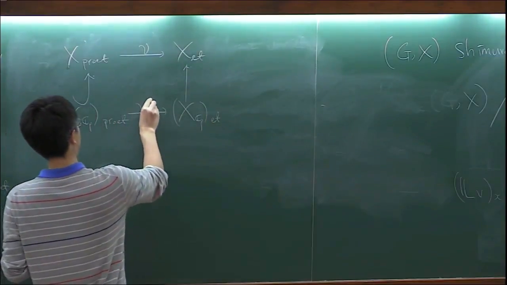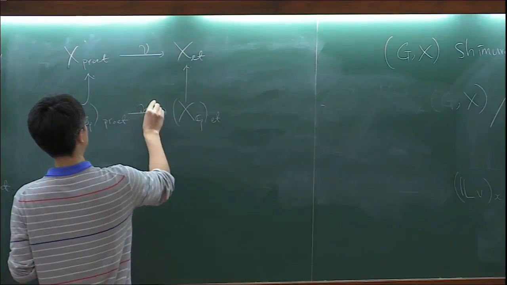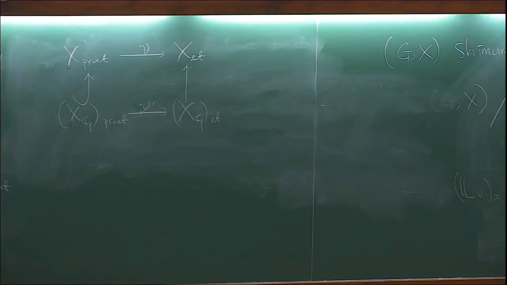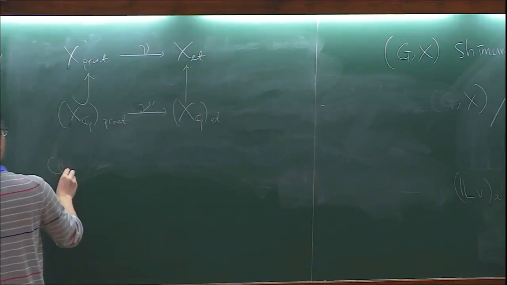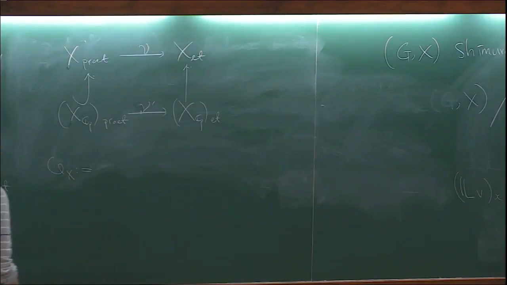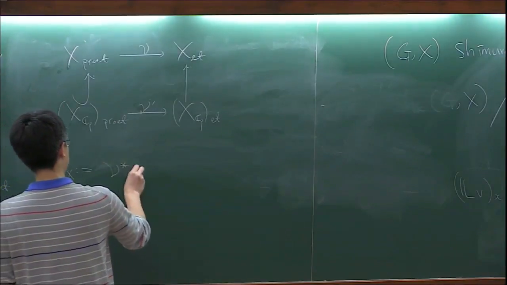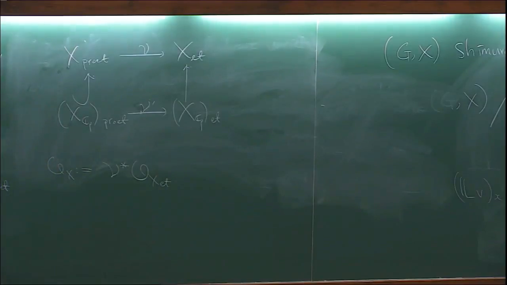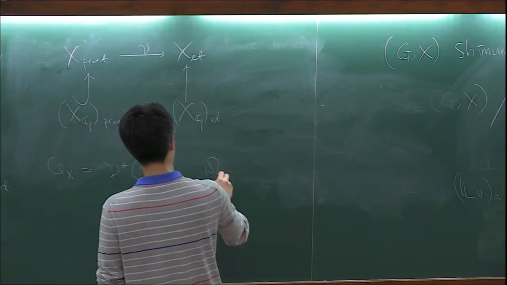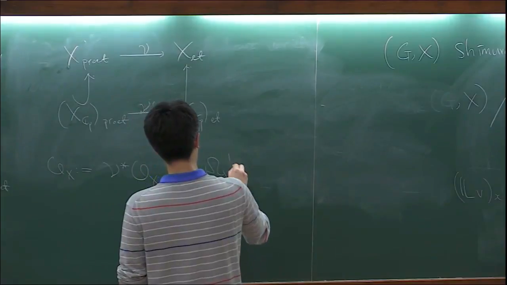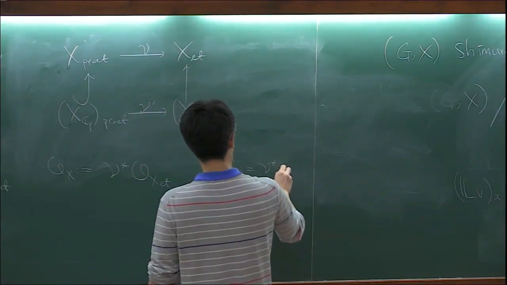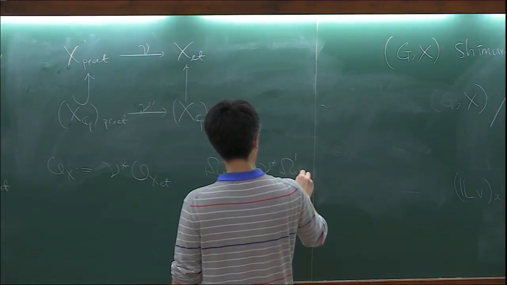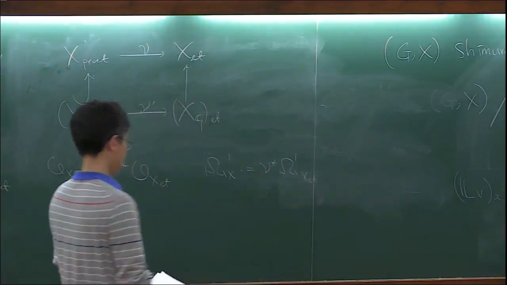So this we call nu prime. Then this O_X, which is a sheaf on the pro-étale site of X, is by definition the pullback of the structure sheaf on X étale. And similarly, I have the sheaf of differentials, Omega^1_X, on the étale site.